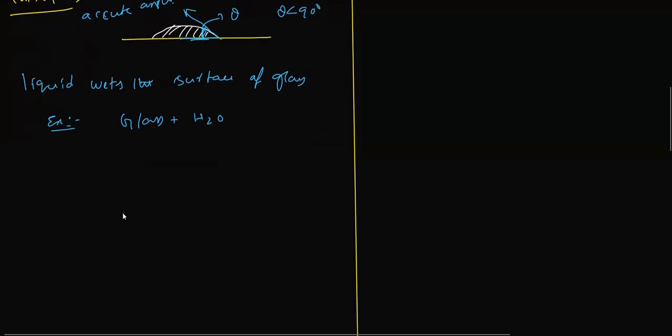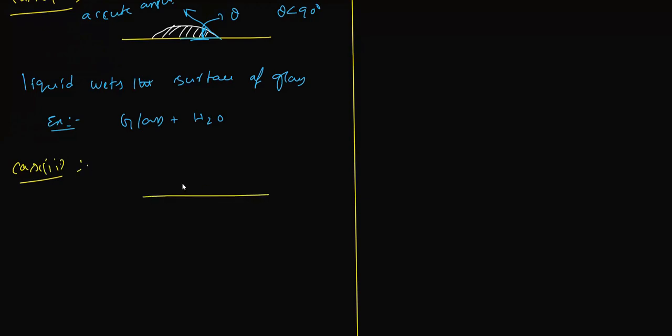Case 2. For example, you take a surface and pour some liquid, which gets shaped like this. If you draw the tangent here, this is the tangent, this is the solid line inside the surface, and this is the angle.